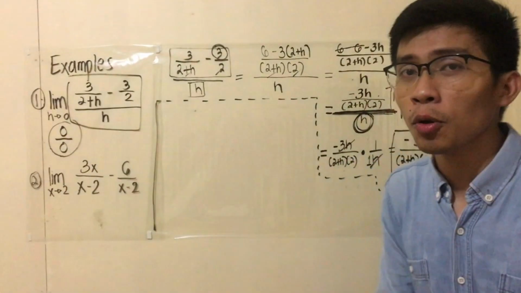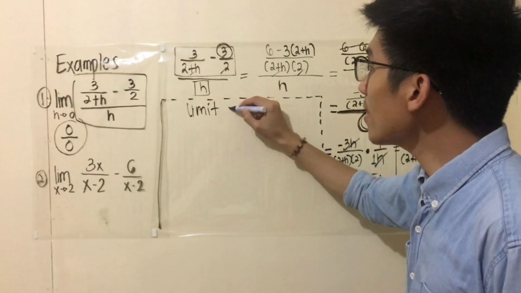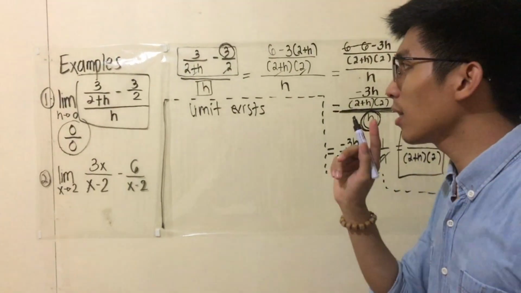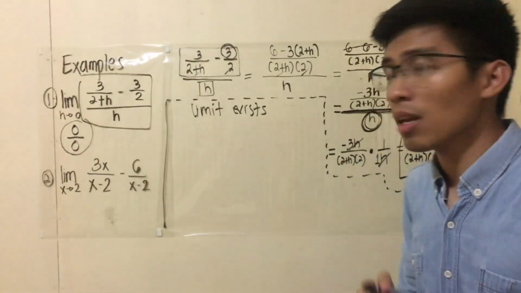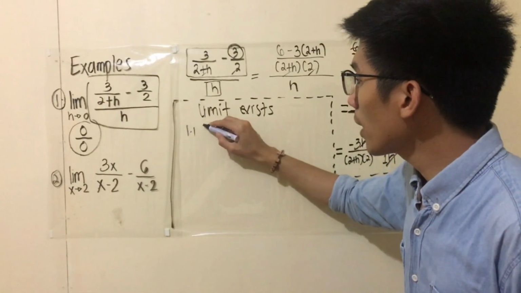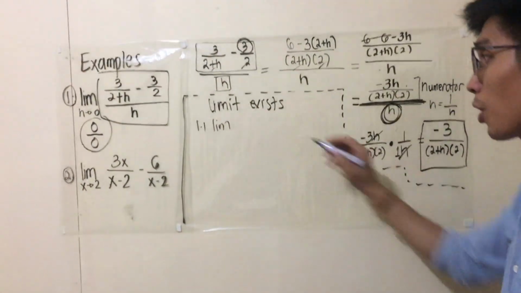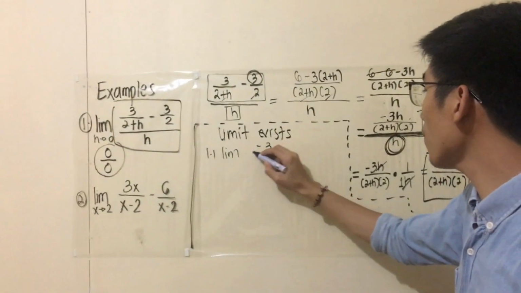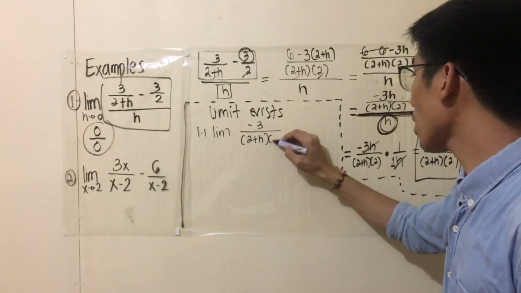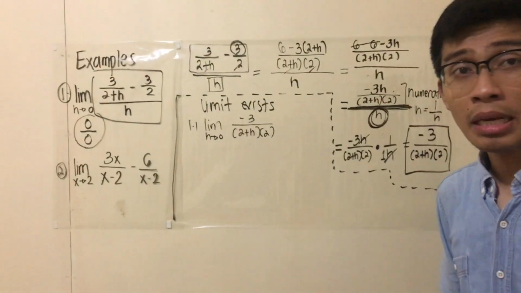Meaning, there we can conclude that the limit indeed exists. Take note that our new form of the function is this: negative 3 all over 2 plus h times 2 as h approaches 0.